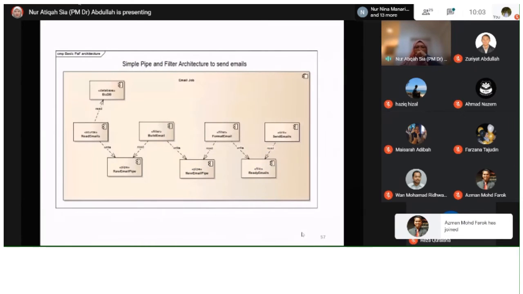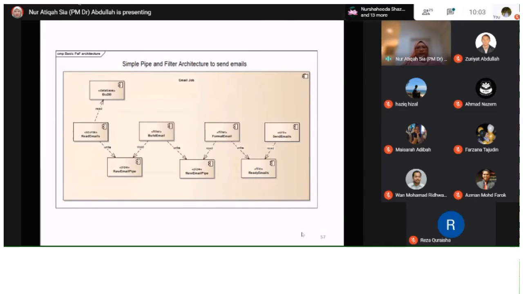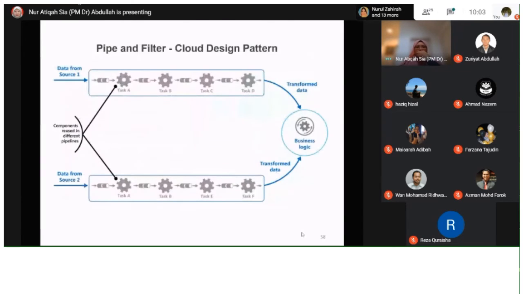This is another example untuk sending email. Satu proses dengan satu proses, sending email. This is another process untuk cloud design. Data source yang pertama, dia akan lalu proses. Ada banyak type task yang ada.